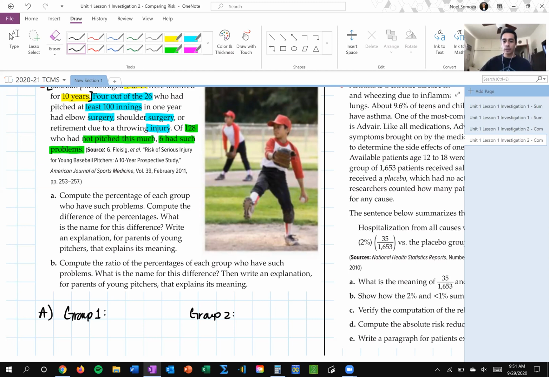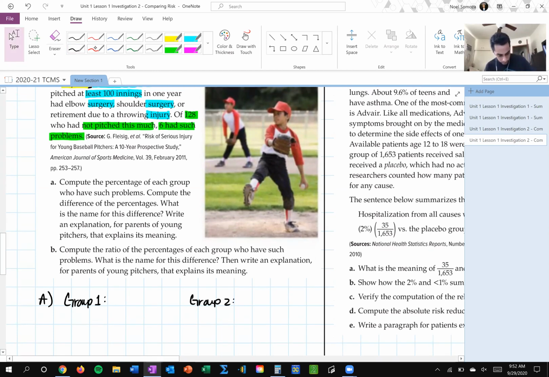Typically we want to categorize our groups in terms of what was the variable, the explanatory, the thing that explains the response. So injury and no injury is the response. The groups are whether they pitched 100 innings or whether they did not pitch 100 innings.